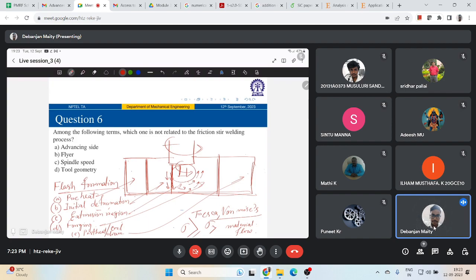The tool forces the material to go downward, and the surrounding regions come upwards to fill up that cavity.